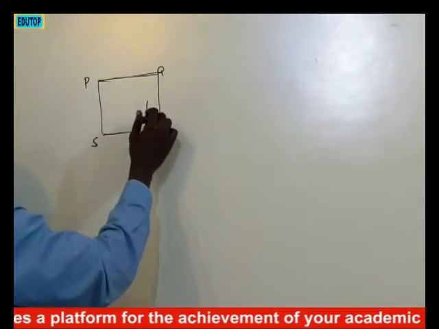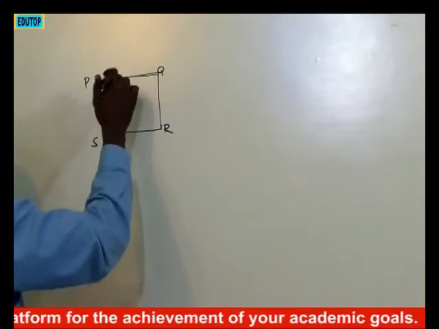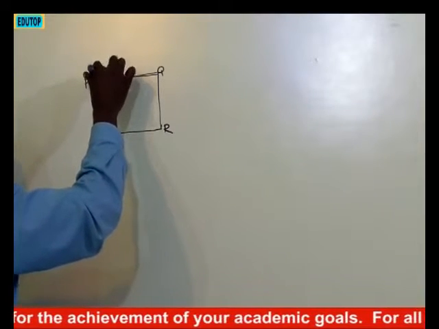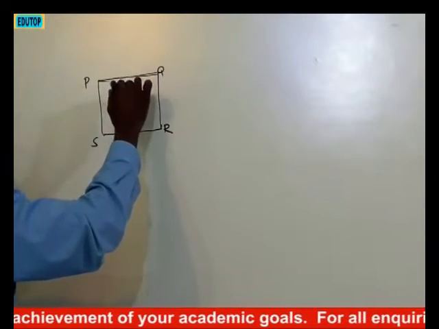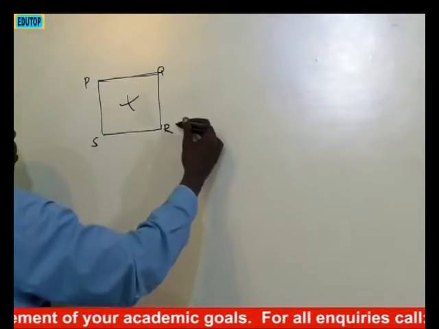Since it has been stated that it's equidistant, that means the radius you are picking here is the same radius you are picking here. So when you mark a point somewhere here, it is that same radius you pick here, and you mark that same point.